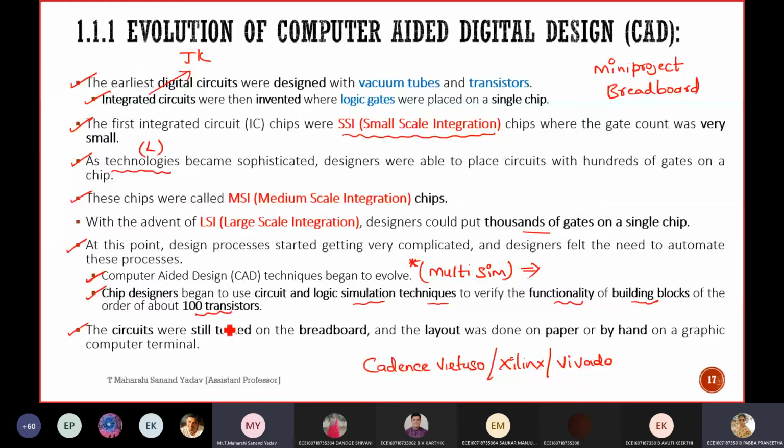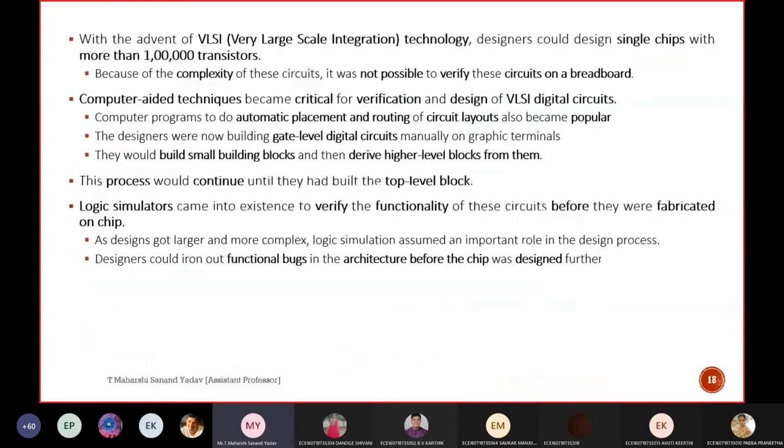Once you are confident that your circuit is working fine on the CAD tool, you can go with the remaining process, which is called layout. Layout means drawing the diagrams for it, which are stick diagrams and layouts. We shall discuss these points.